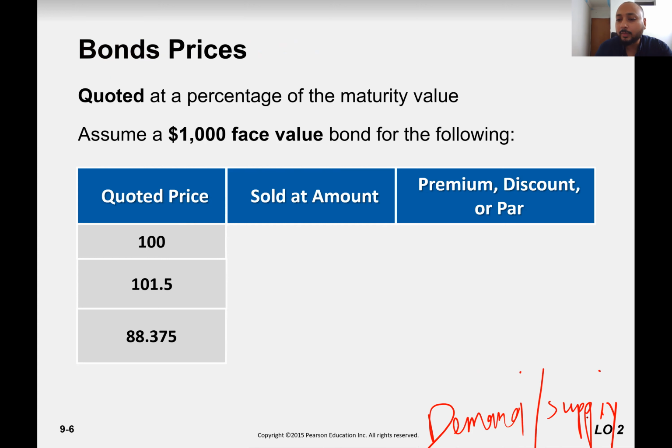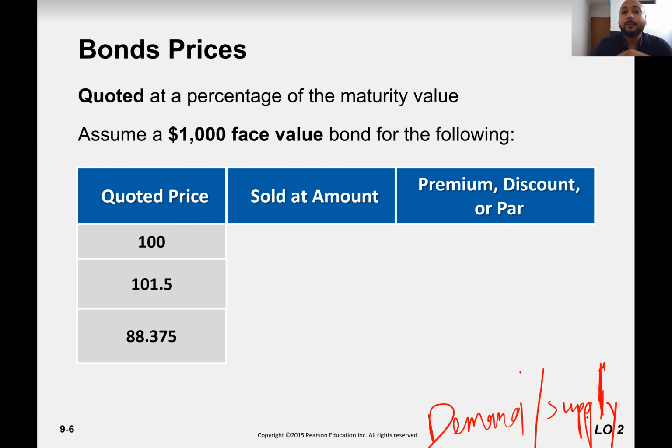Recall our discussion 1 or 2 years ago on economics, demand and supply. So when demand is high, price is high. When supply is high, price goes down. Right? So that concept applies here, you will understand what's going on.